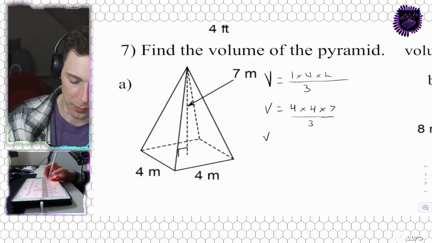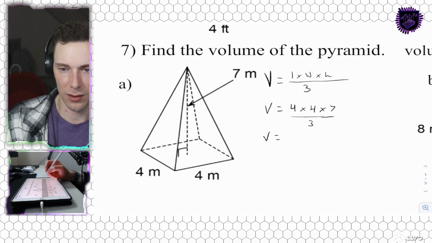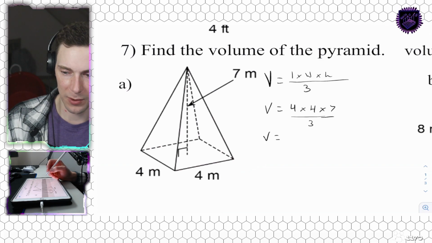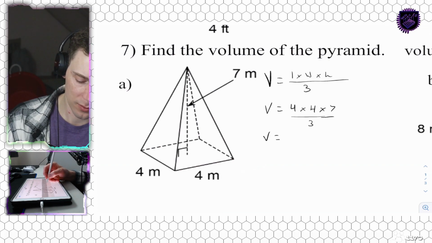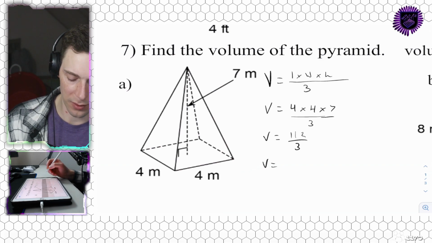So my volume will be equal to, what's 16 times 7? 70. 7 times 6, 42. 112. 112 divided by 3.